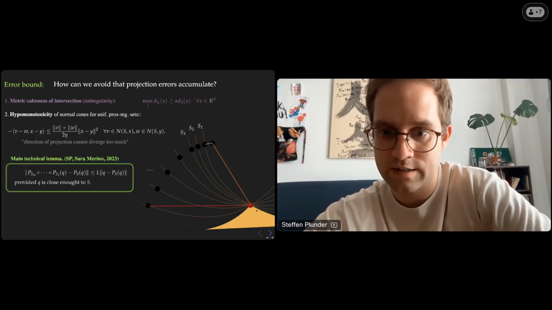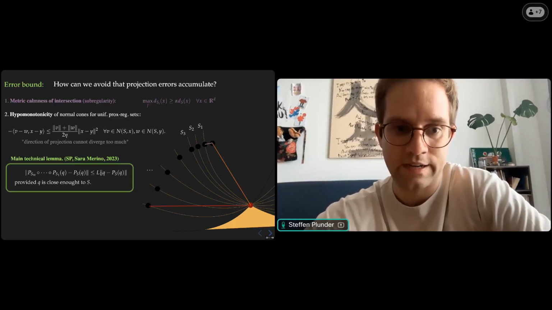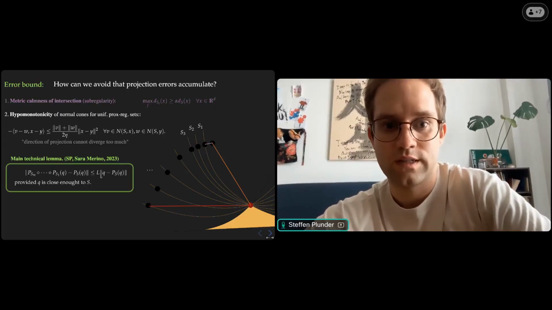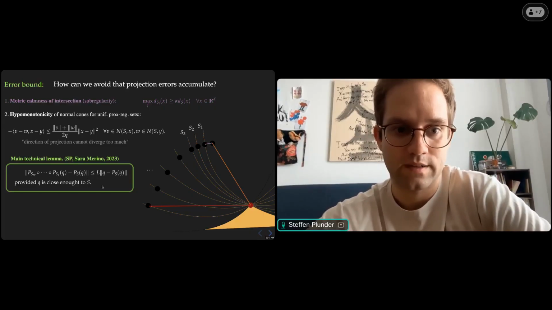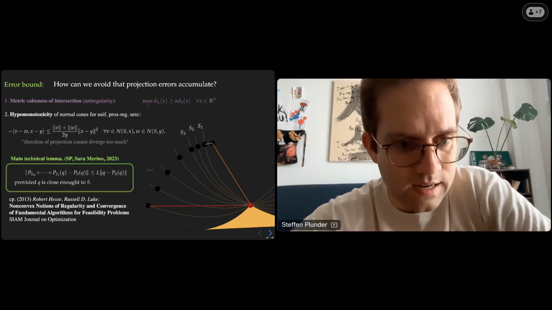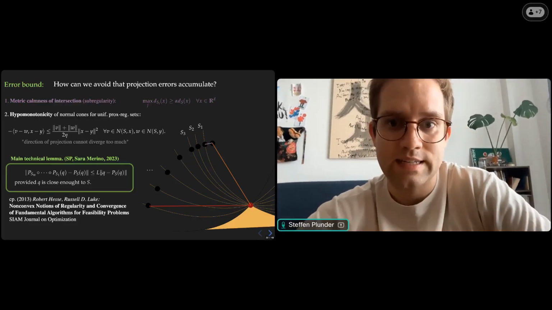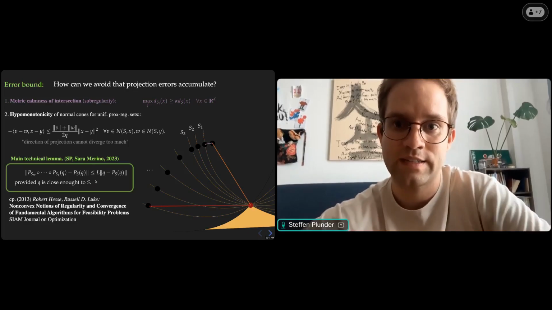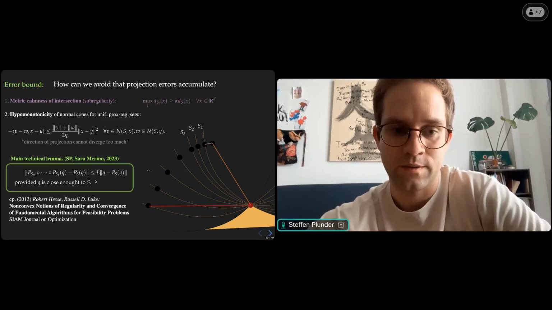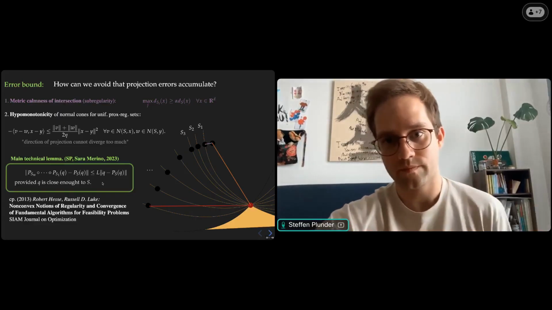So the orange line and the red line, I have an inequality between the two. This means if I'm close enough to the set, then the projection is not too bad. And this L is less than 1. I forgot to write it down here, but L is less than 1. You can prove that. And that's then what you need.